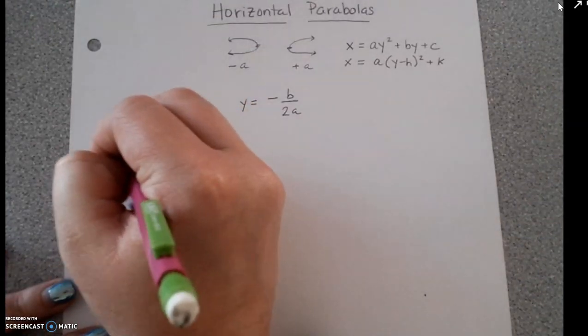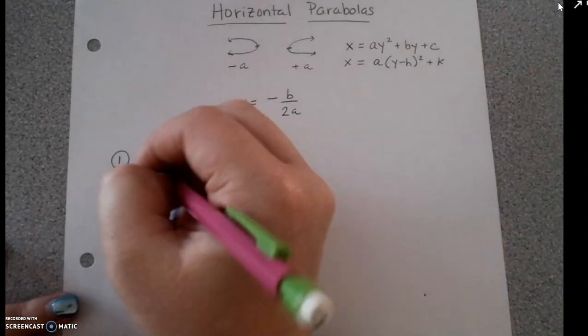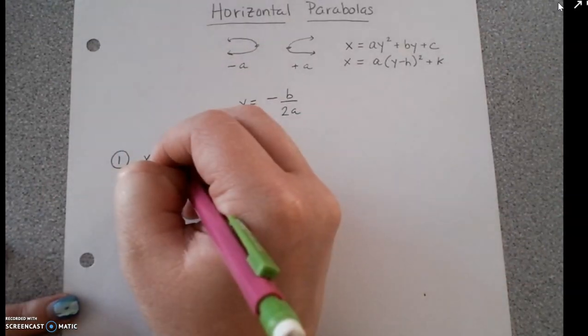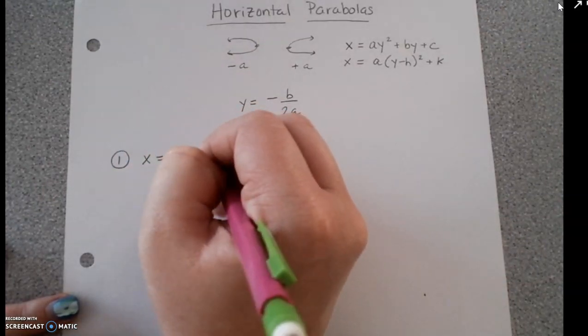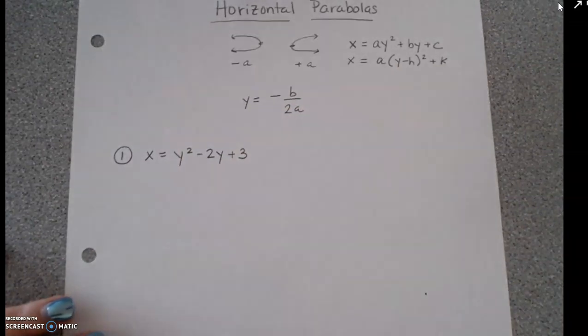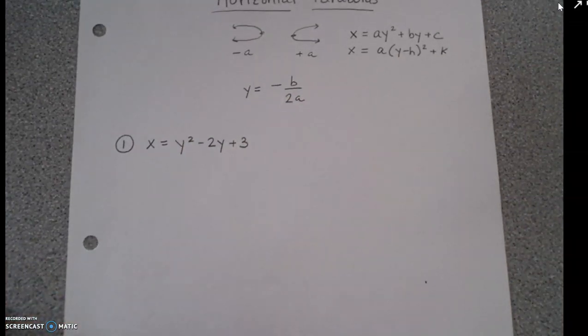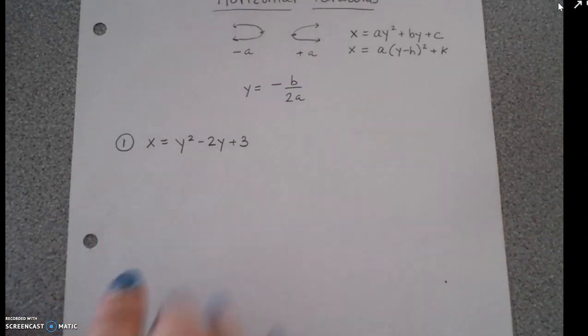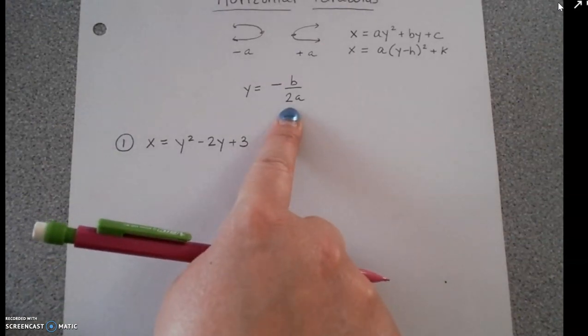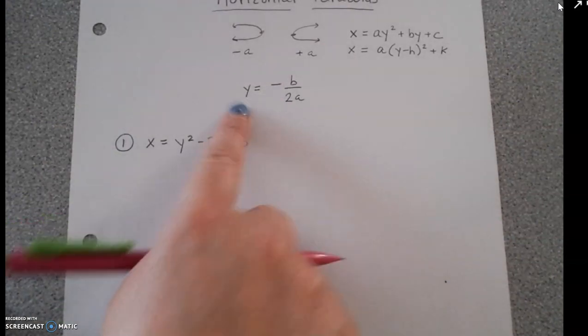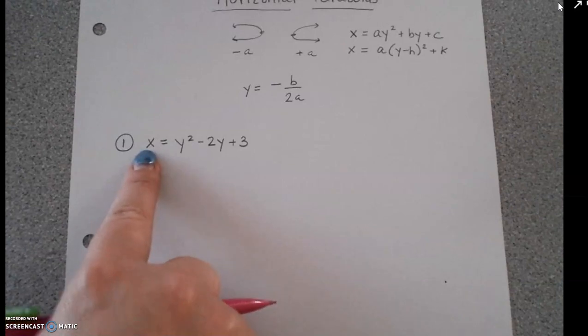So the first example we're going to do is in standard form. So there's a standard form equation for a horizontal parabola. In standard form, we're going to use our vertex formula to find our y, and then plug our y in to find our x for our vertex.